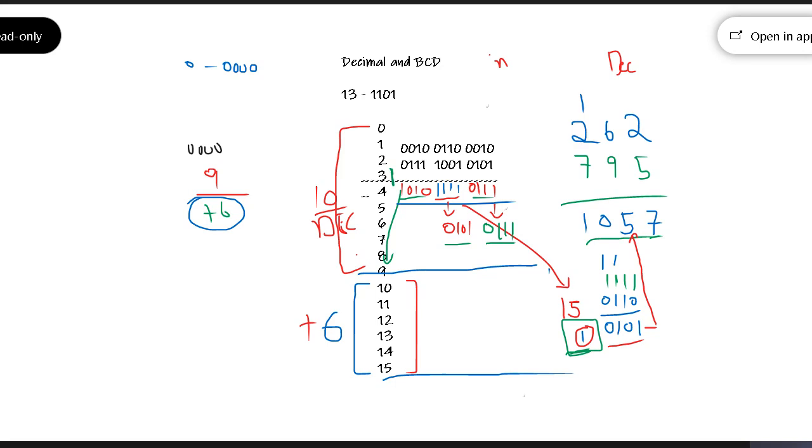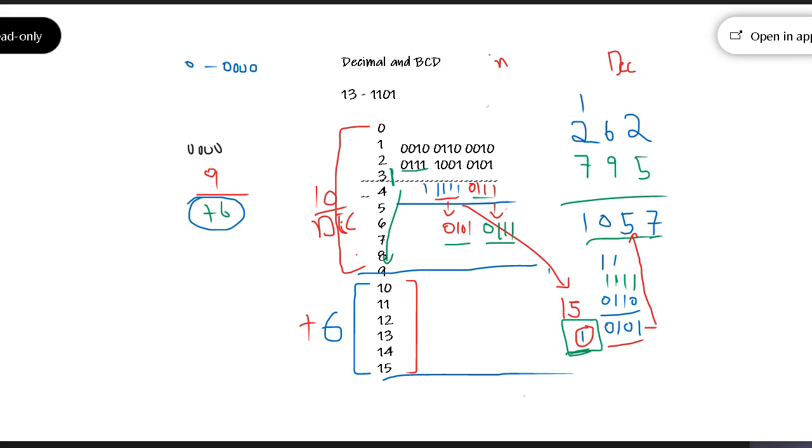Now see this number here, these two. When you add directly these two, 0 plus 1 is what? 1.